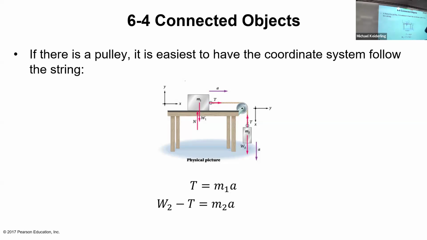And then we can easily write a system of equations. For mass 1, we have tension equals mass 1 times acceleration. For mass 2, we have weight 2 minus tension equals mass 2 times acceleration. We just let the coordinate system follow the string. Does that make sense?